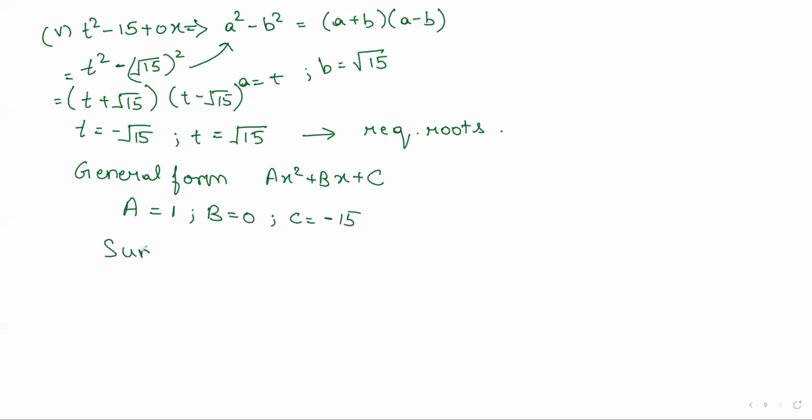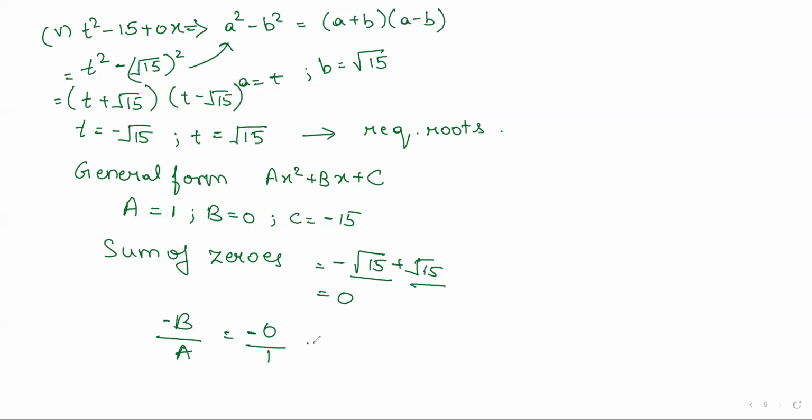Sum of zeros. Sum of zeros is addition of minus root 15 with root 15. Two values of the opposite signs added with each other lead to cancellation, thereby 0. Minus b upon a is minus, the value of b is 0 upon a is 1, which is again 0. For the second value, we should have product of zeros.